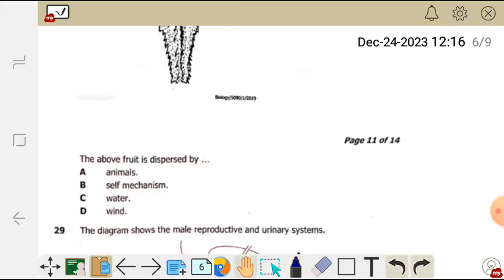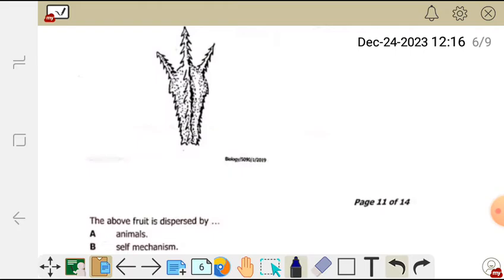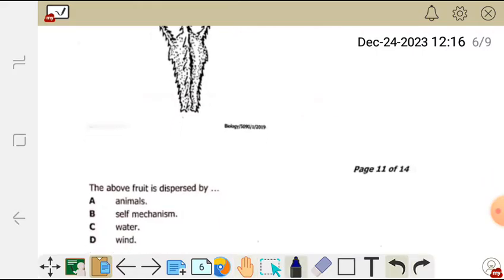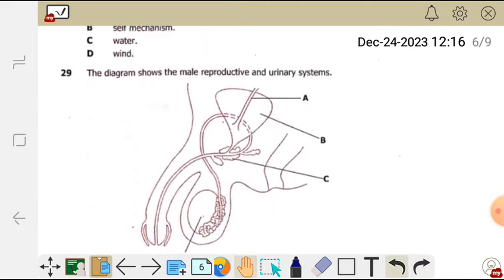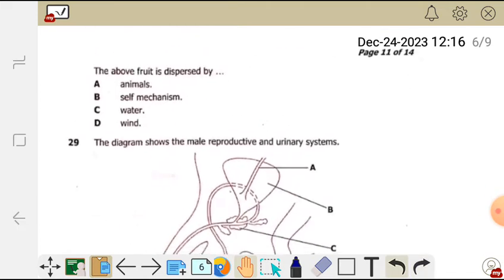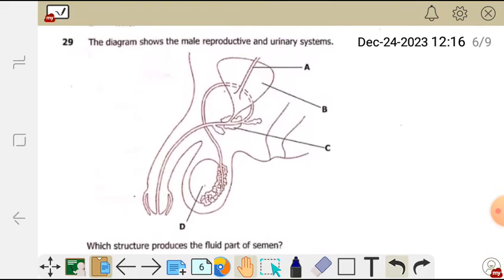So when you look at this fruit here, it has hook-like structures which can get stuck on an animal, and when the animal moves from that place to another place, the seed or the fruit will be dispersed. So this fruit here is showing animal dispersal. So animal is the correct answer here. So the correct answer for question 28 is A, animal.